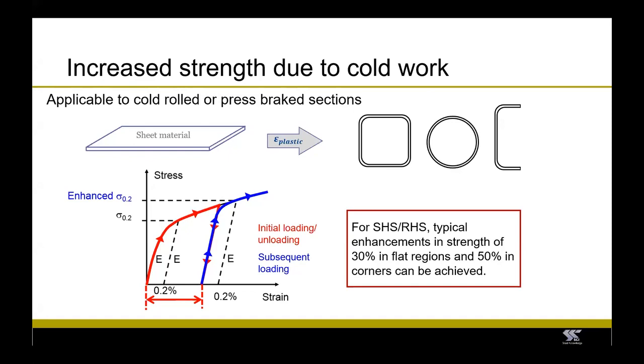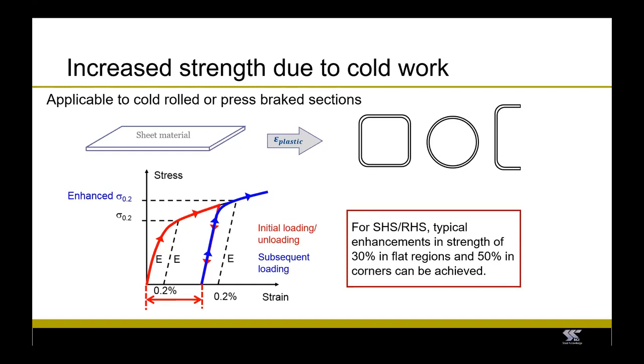And as the stainless steel sheet is bent to form the structural shape, the stainless steel material is deformed plastically, following the loading and unloading path that the red curve in the figure is showing. So the stress strain characteristic of the cold formed section will then be given by the blue curve that is showing in the figure.